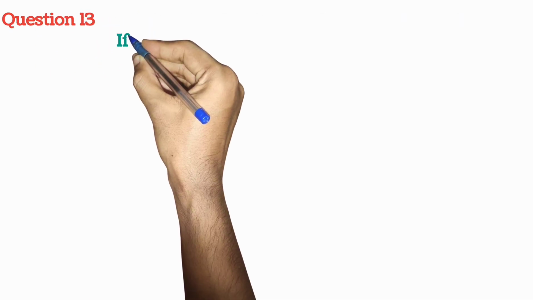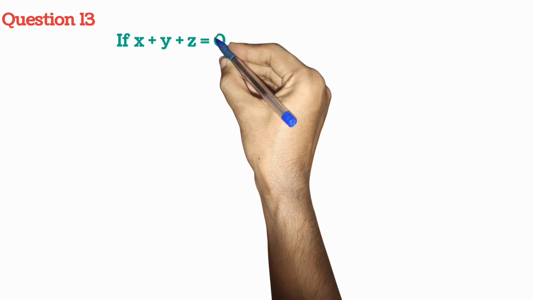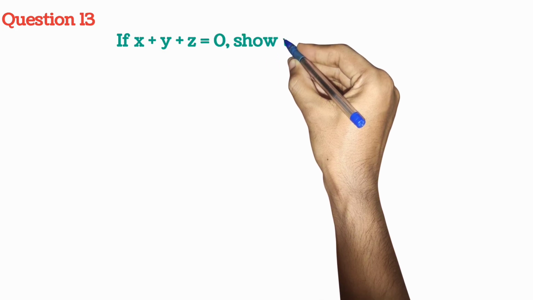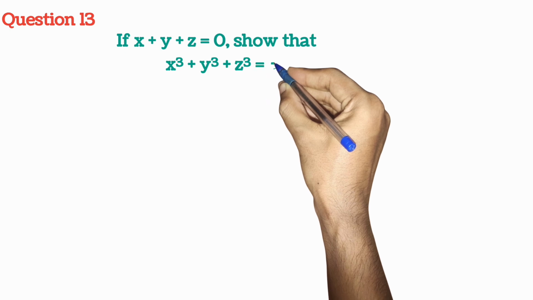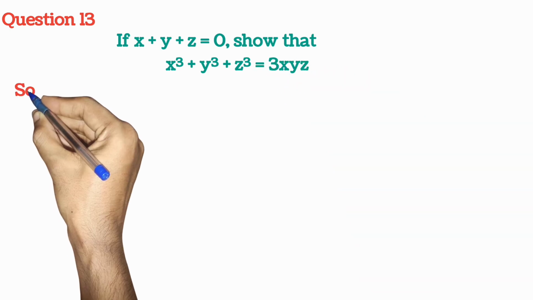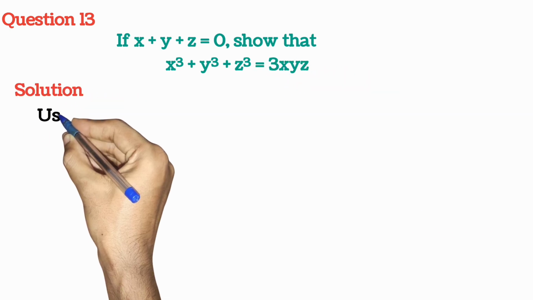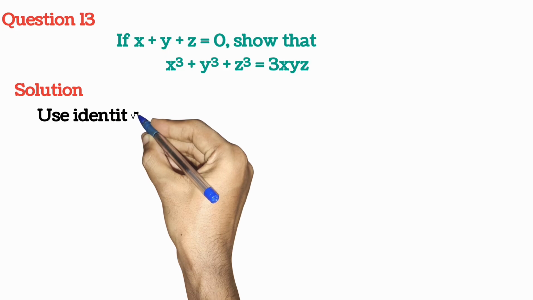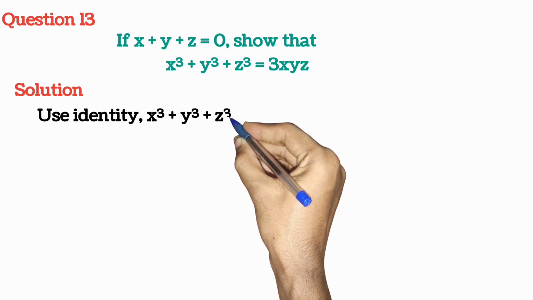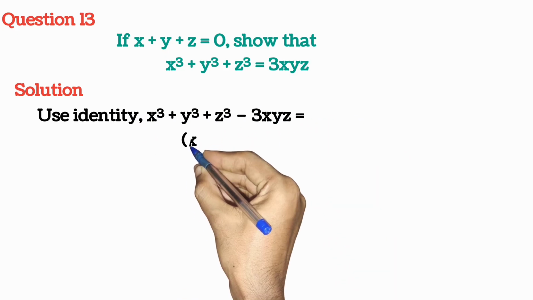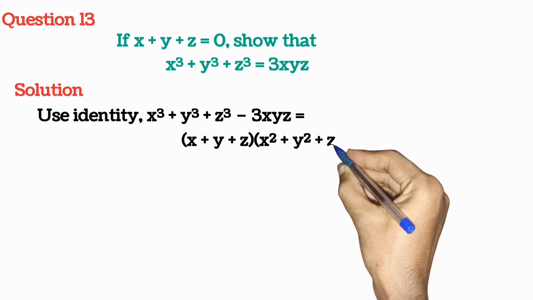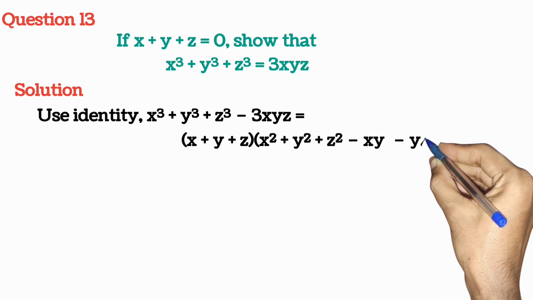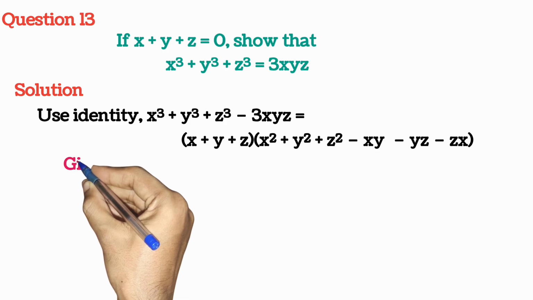Now another question, question number 13. If x + y + z = 0, then show that x³ + y³ + z³ = 3xyz. Solution for this: use the identity x³ + y³ + z³ − 3xyz = (x + y + z)(x² + y² + z² − xy − yz − zx).